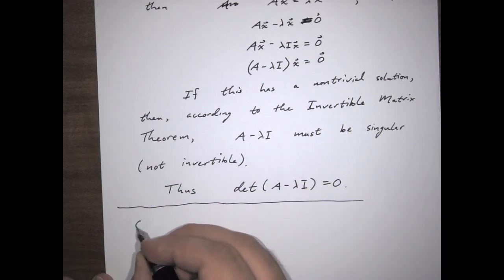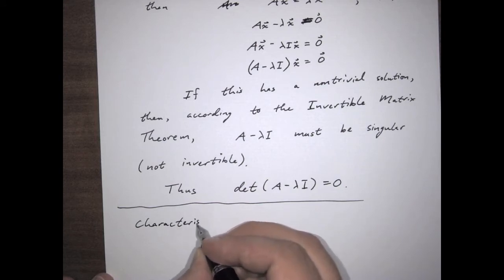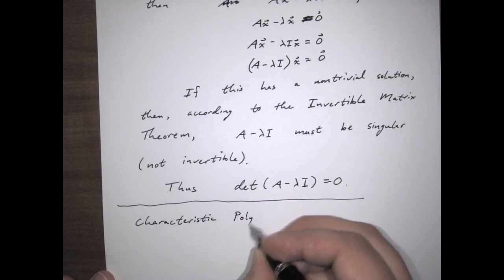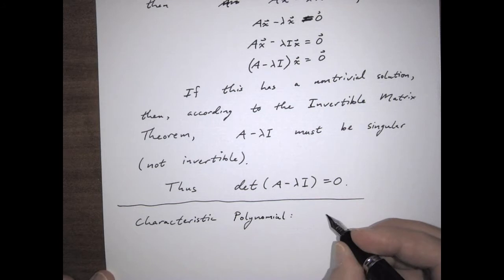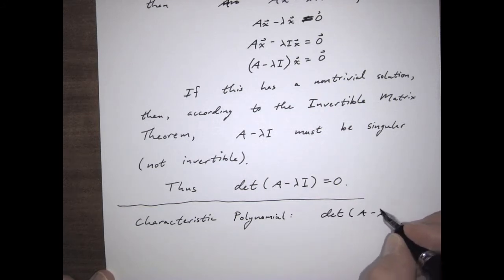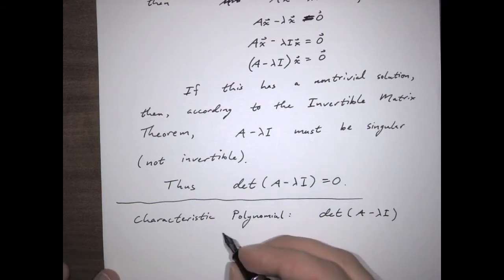So the characteristic polynomial is the determinant of A minus lambda I. The reason it's called a polynomial is because if you actually expand it out using cofactor expansion, for example, you'll get a polynomial in lambda.